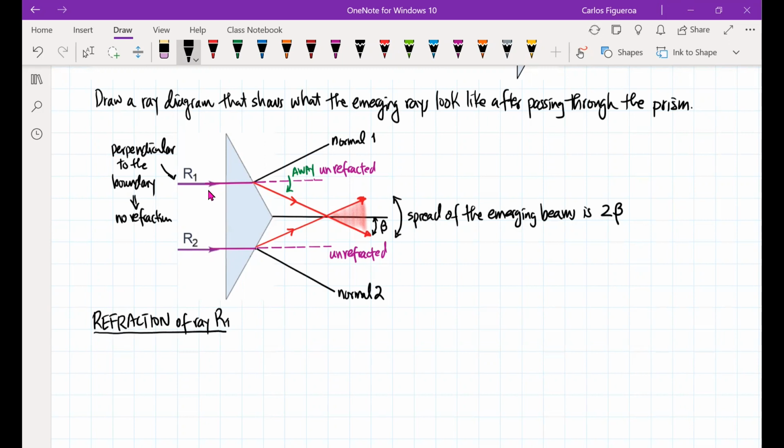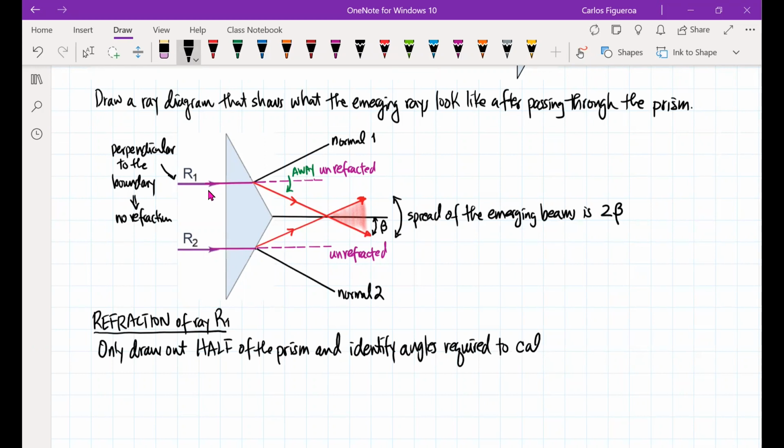I'm going to draw out only half of the prism and identify the angles required to calculate beta.